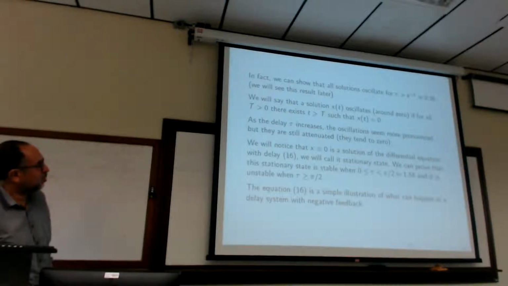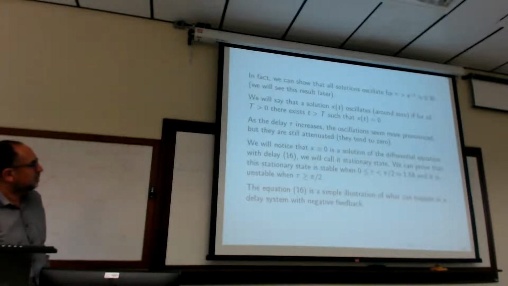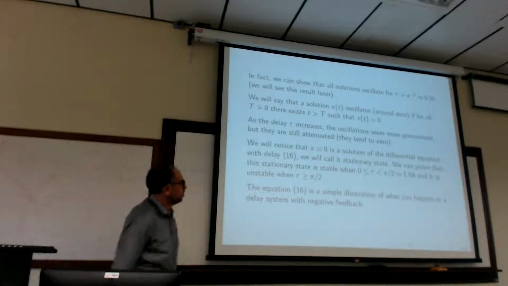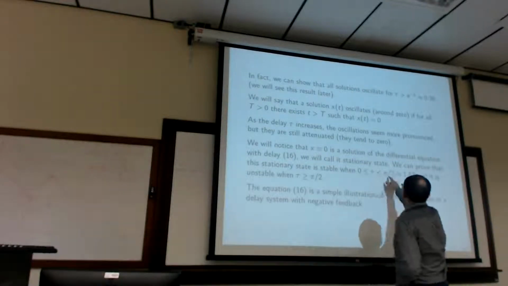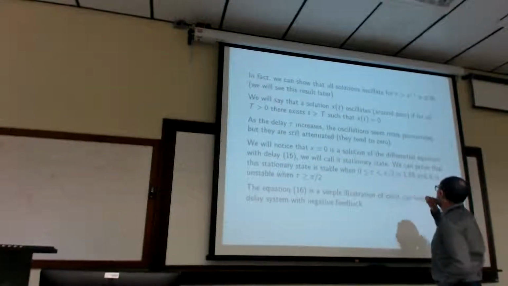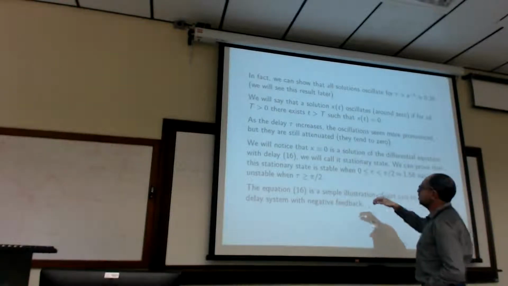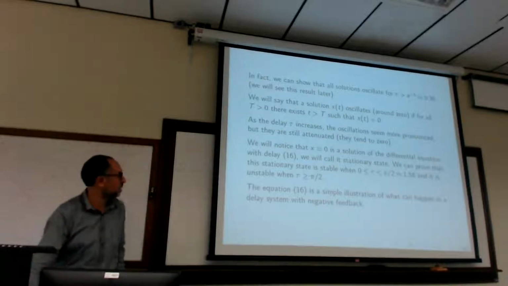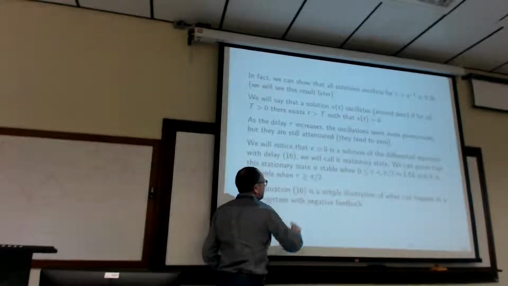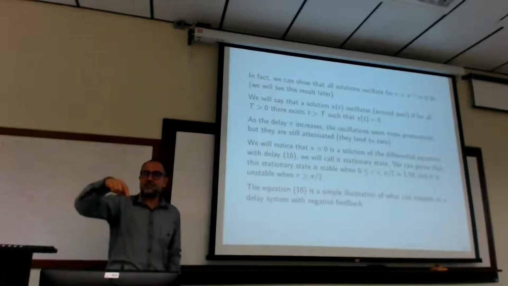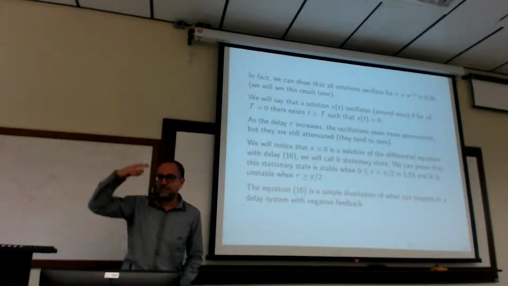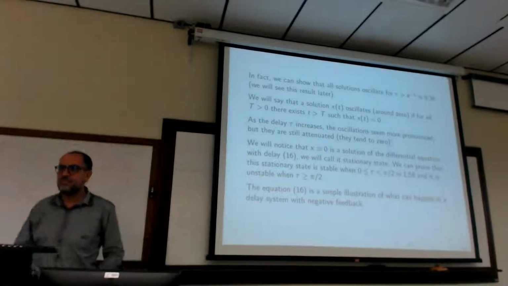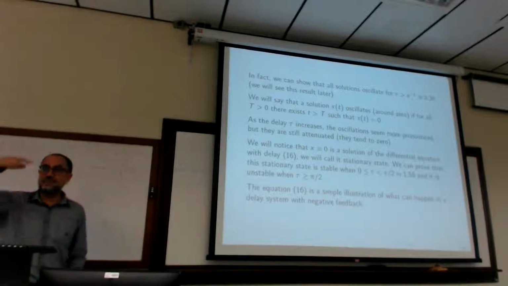And when tau is between 0 and 5 over 2, we always go to 0. But when we are greater than this threshold, we will not go to 0, but the solution will go around the limit cycle. Periodic solutions.